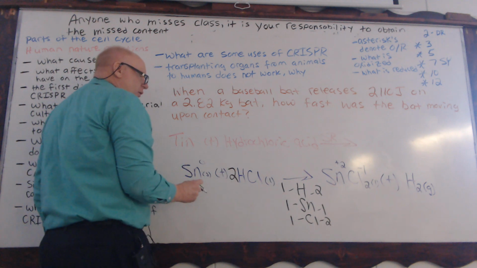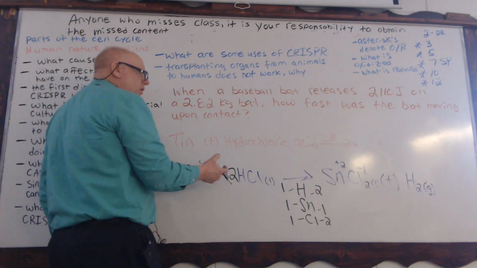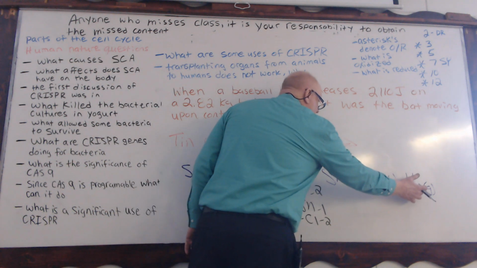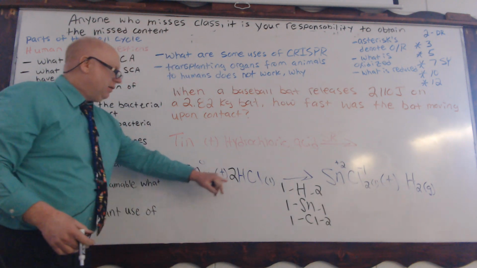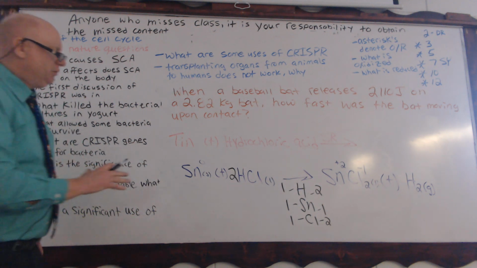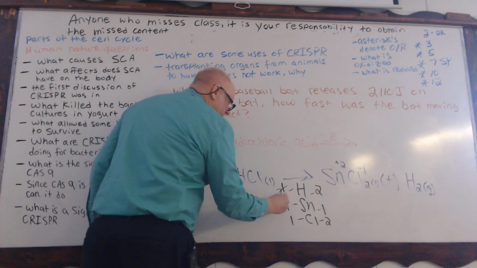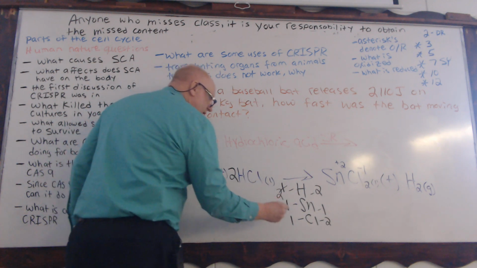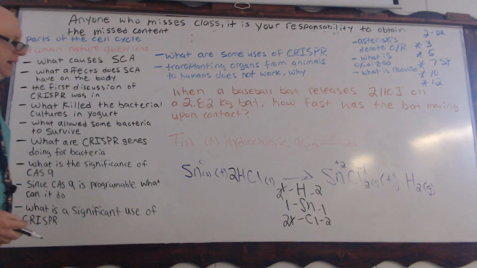And notice we're killing 2 birds with 1 stone. You could have looked at this and said, we got 2 hydrogens on this side and only 1 over here. So by trial and error, you put that 2 in there, and then it's balanced, because when you distribute it through here, that 1 gets changed to a 2, and this 1 gets changed to a 2. So now you have everything balanced on both sides.